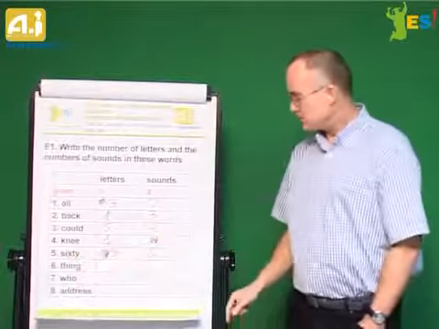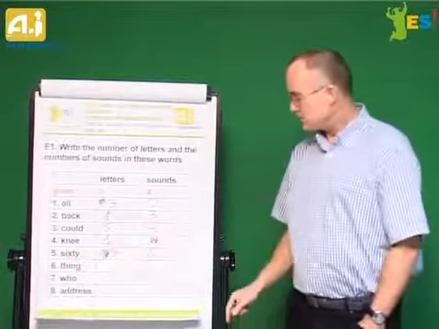Thing. This is the th, right? Th, 3 sounds. Who. Well, of course, there are 3 letters. Ooh. And 2 sounds, right?